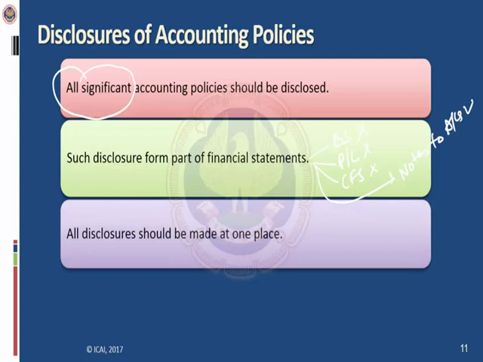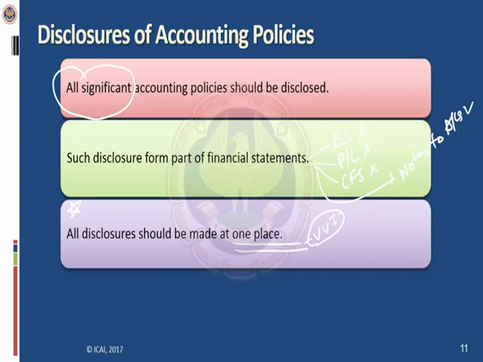All disclosure should be made at one place. So very important part. All disclosure should be made at one place. If you have seen any financial statement, after the balance sheet, profit and loss, and cash flow statement, there is a section called notes to accounts where the entity is providing explanatory information to the balance sheet, P&L and cash flow statement.